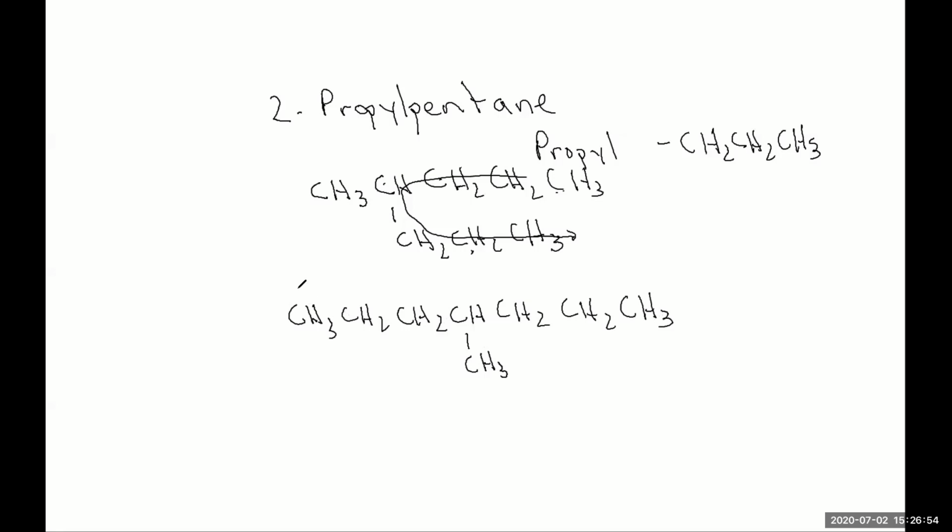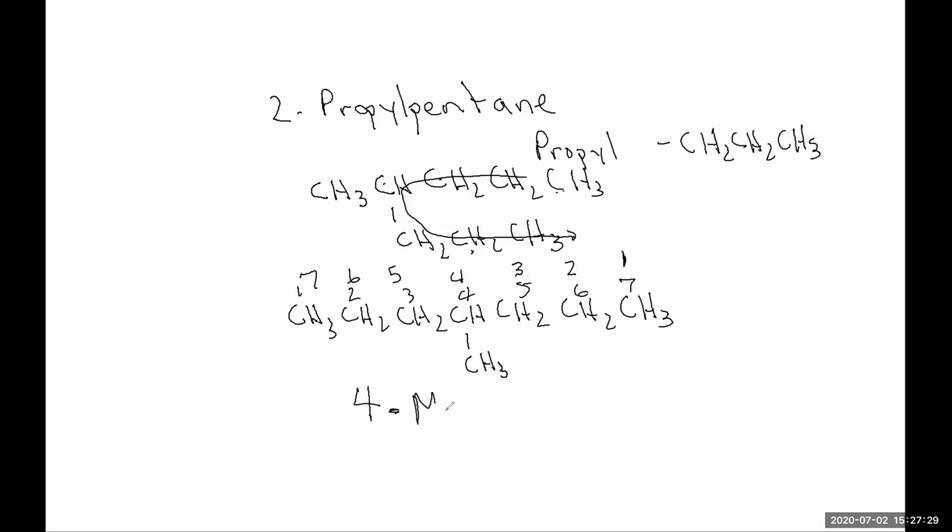And if we number from left to right, 1, 2, 3, 4, 5, 6, 7, we get the methyl group at the 4 position. If we renumber the alternate way, 1, 2, 3, 4, 5, 6, 7, the methyl group would also be at position 4. So the numbering is the same in either direction.